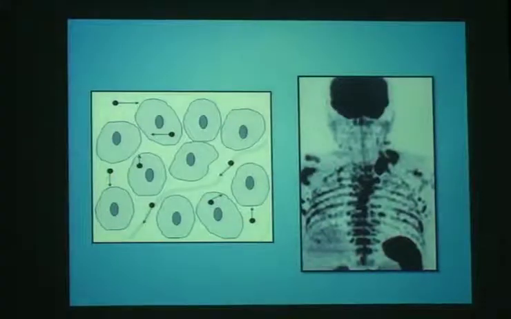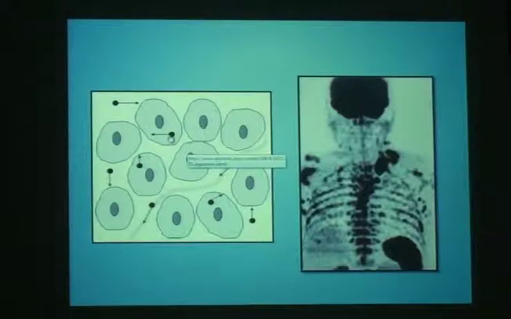If we compare this to this image, due to the cellular packing, there is impedance in the flow of the water molecules between the extracellular compartment and the intracellular compartment, resulting in this signal abnormality, which is known as diffusion restriction, with the multiplicity of these lesions seen along the bone as well as lymph nodes due to the cellular packing with subsequent impedance of water diffusivity.